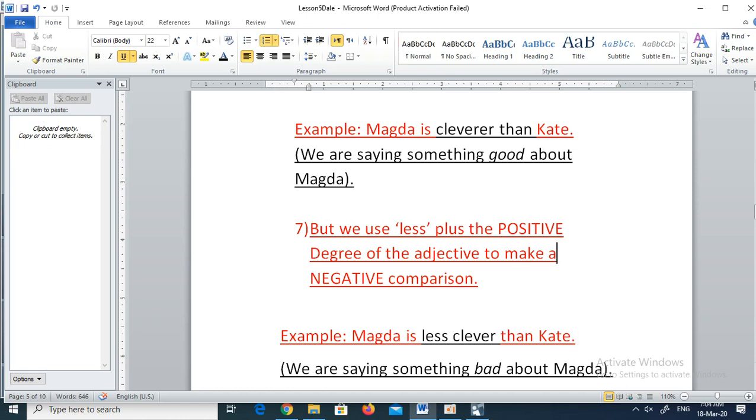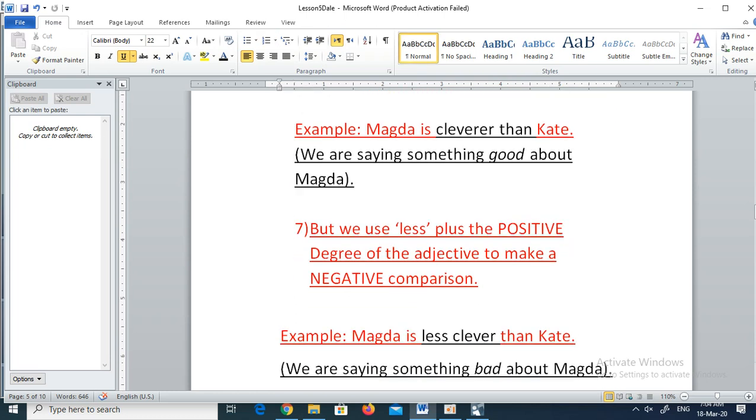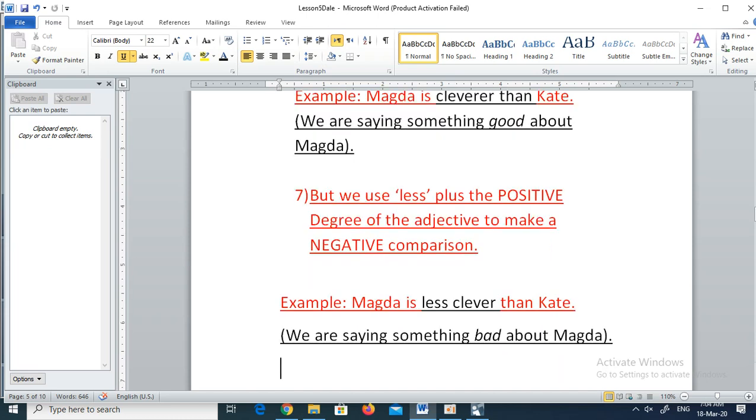So if we want to compare Magda with Kate and we want to say something good about Magda, we use the comparative degree by itself. If we want to say something bad about Magda, we use the word less with the positive degree.